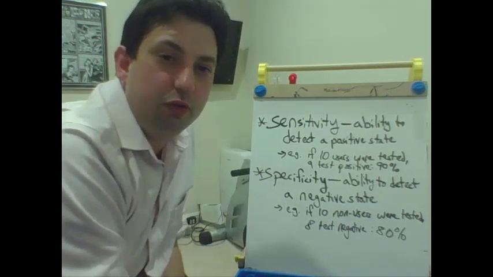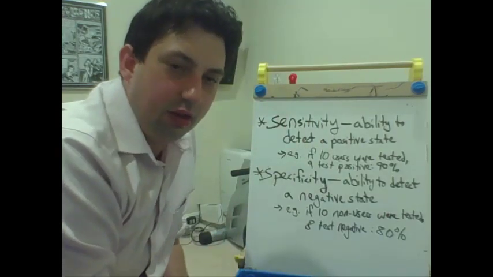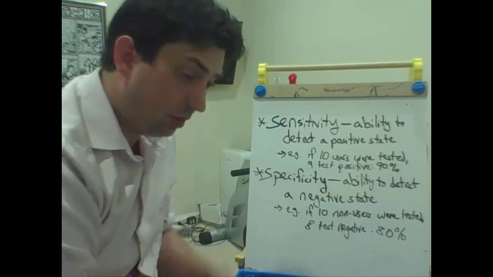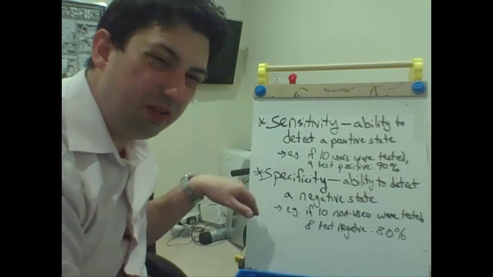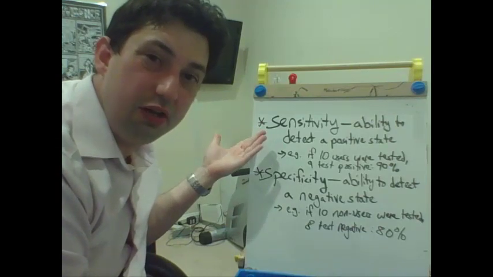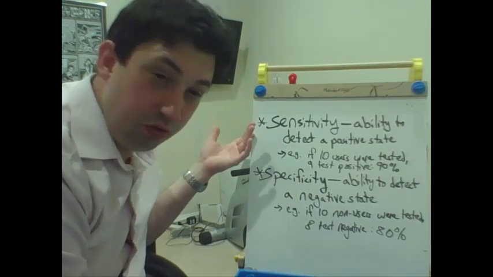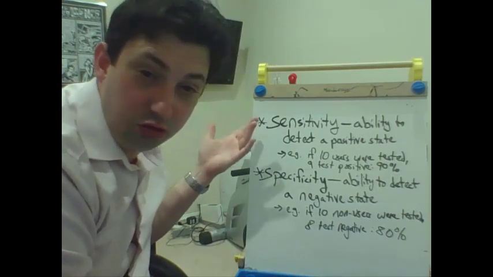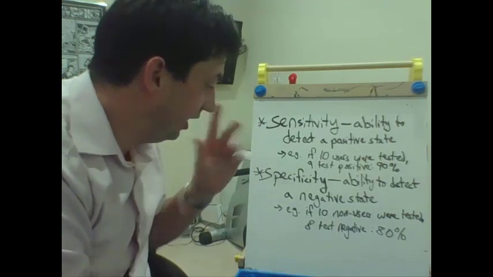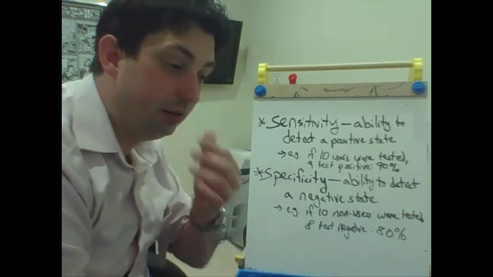Sometimes you might see versions of Bayes' theorem that give just one number for accuracy, which is a simplified way to do it. But sensitivity and specificity are very different things. One is the ability to detect a positive state: do these people use drugs, is this person a terrorist, is this person a good fit for this organization, does this person have the disease. And the other, specificity, is the ability to detect a negative state.